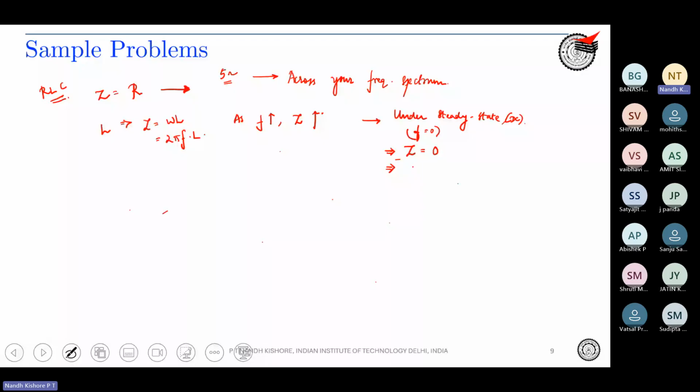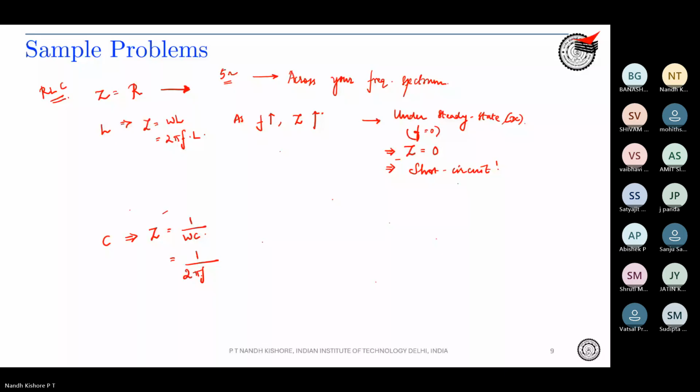So one thing is that an inductor acts as a short circuit under DC. And the third thing is, of course, for a capacitor, the impedance is 1 by omega C, which means it is inversely proportional to the frequency, 1 by 2 pi f C. So as frequency increases, your impedance decreases.